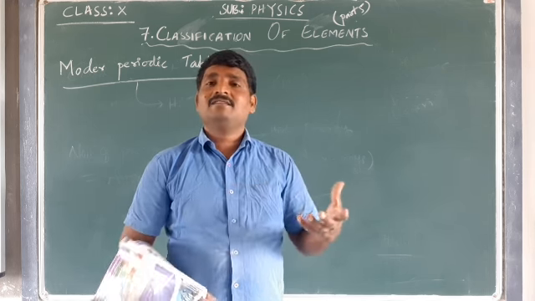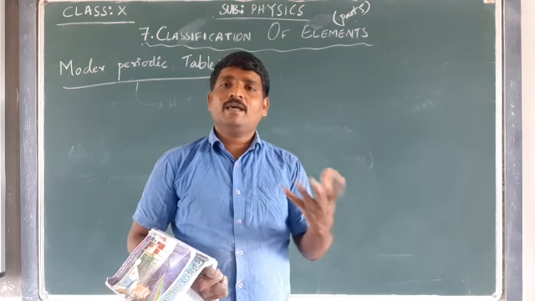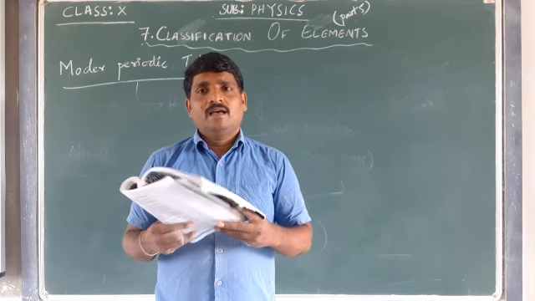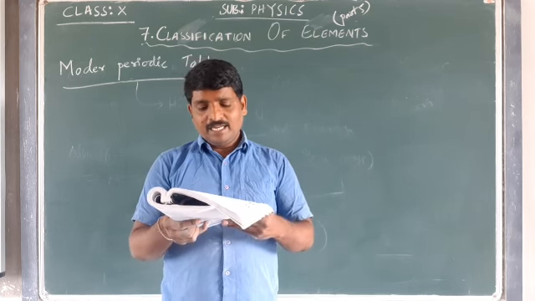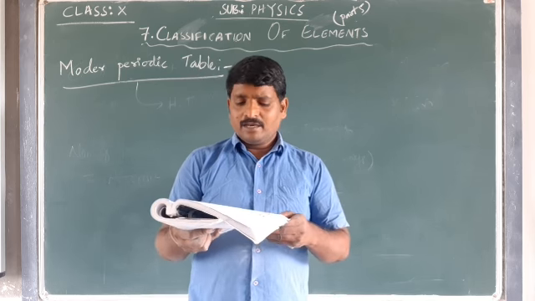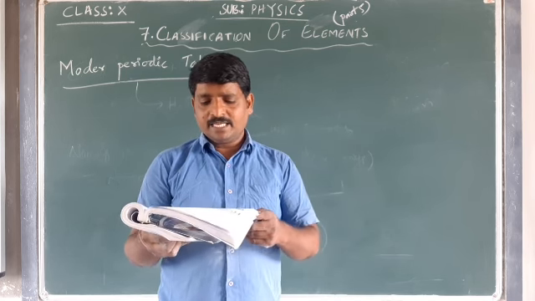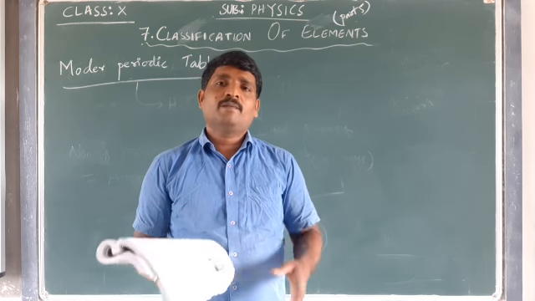Instead of the atomic weight, the atomic number is the more fundamental concept, helpful for arranging the elements. After knowing the atomic number, it was recognized that a better way of arranging the elements in the periodic table is according to the increasing order of atomic numbers.